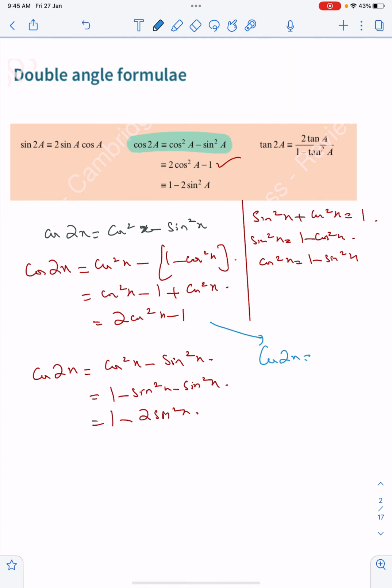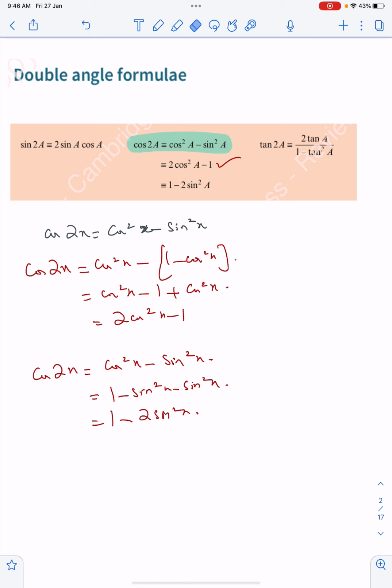Cos of 2x equals 2 cos square x minus 1. If I make cos square x the subject, it becomes (cos of 2x plus 1) divided by 2. So cos square x equals (cos of 2x plus 1) divided by 2.